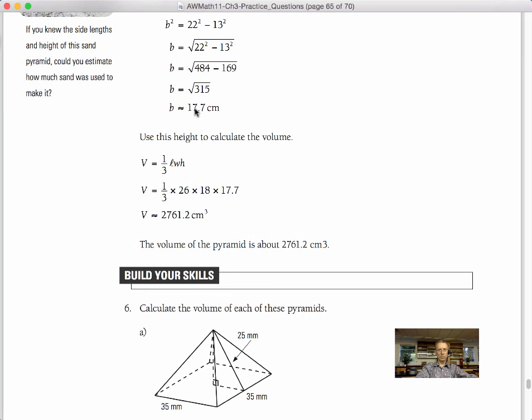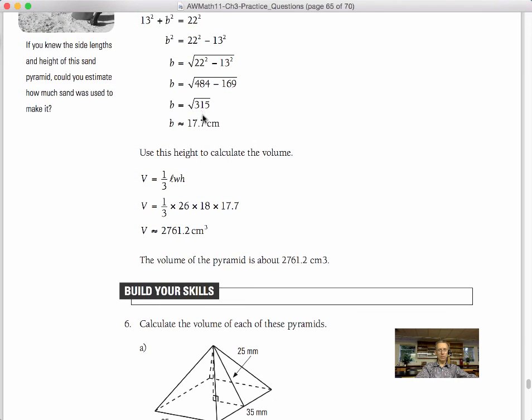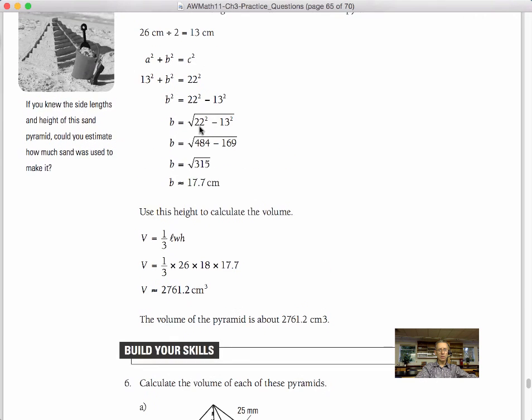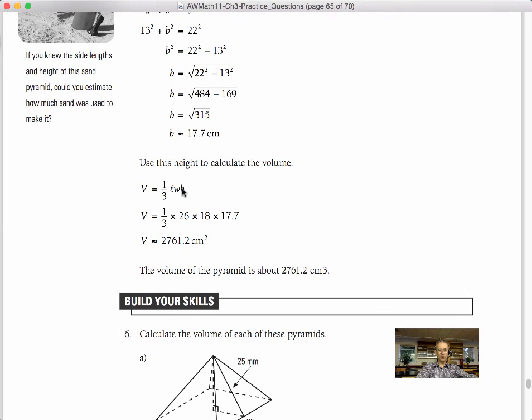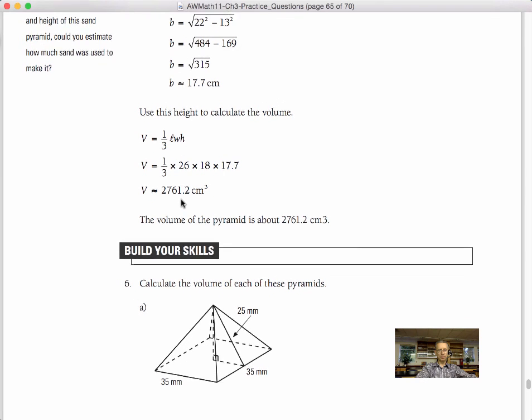Now they have to do the actual square root to get 17.7. Okay, so that tells us the height. And they've left it as H, but now the height is 17.7. They can plug it in along with the base of 26 times 18 and get the volume. Capacity is going to be this divided by 1000, remember.